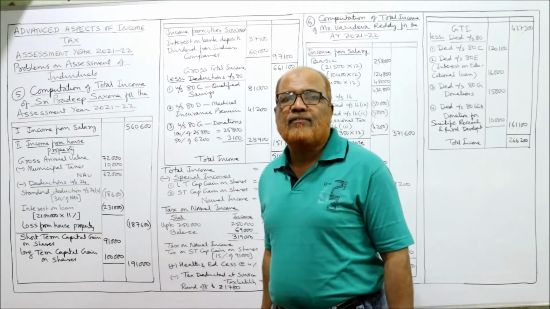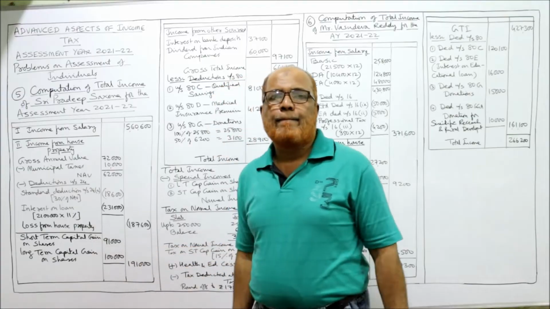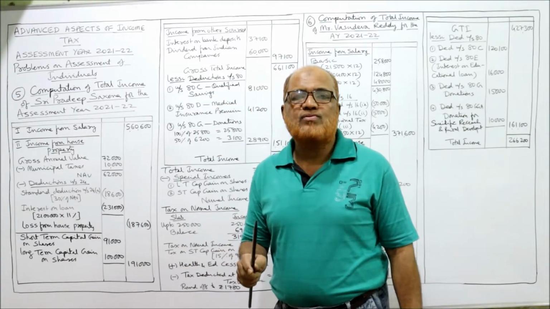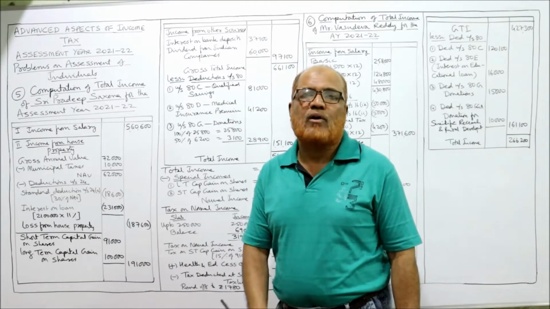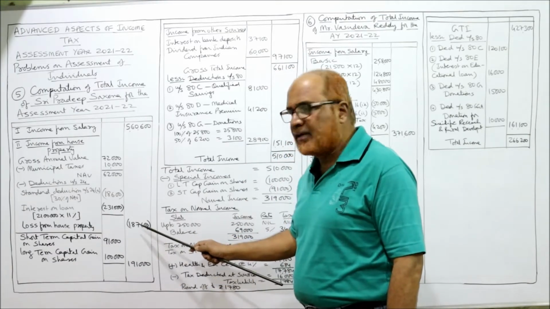When you get negative, it is called loss. So this is a loss from house property. According to the provision, the loss from house property can be set off from other incomes. That's why I am putting it in brackets, deduct.